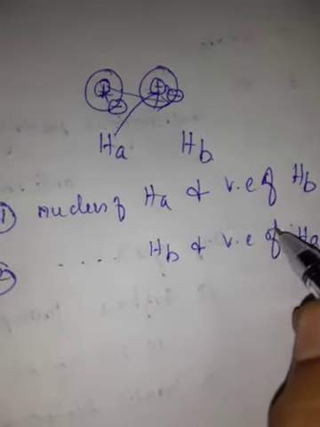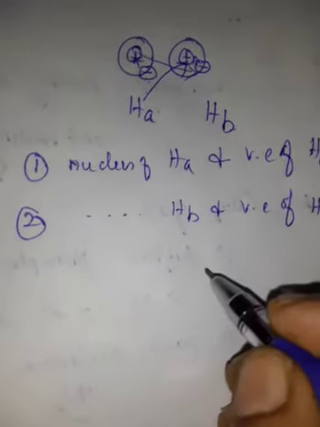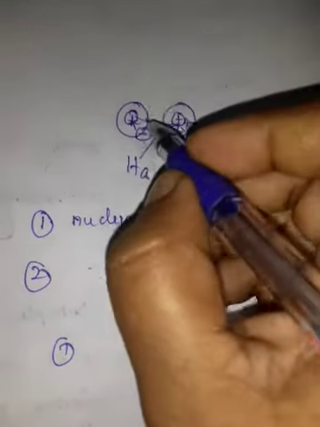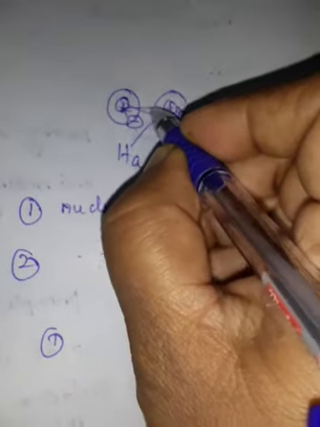Apart from this, some new repulsive forces also arise. Number one, between the nucleus of Ha and the nucleus of Hb, repulsive forces.